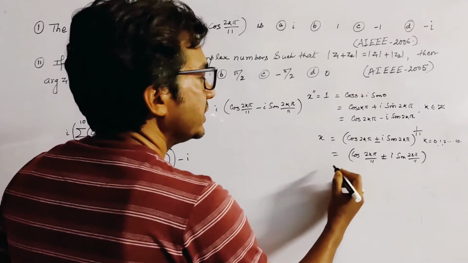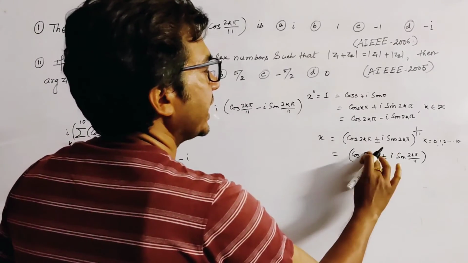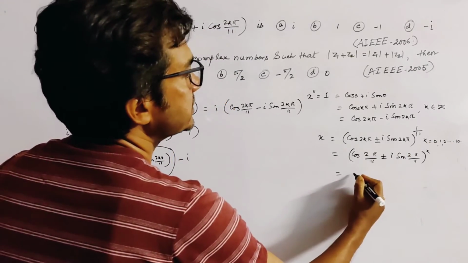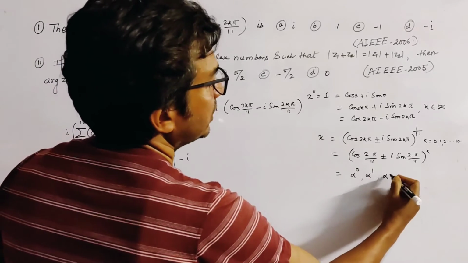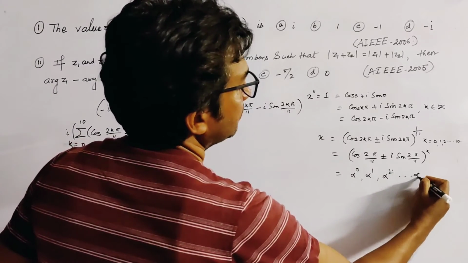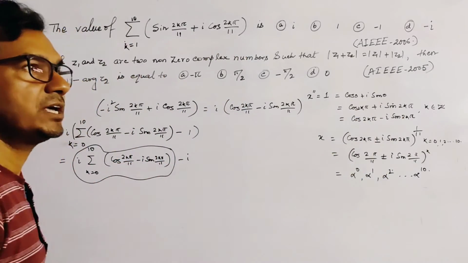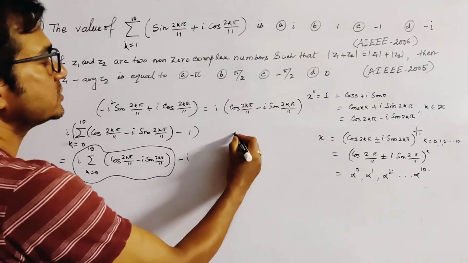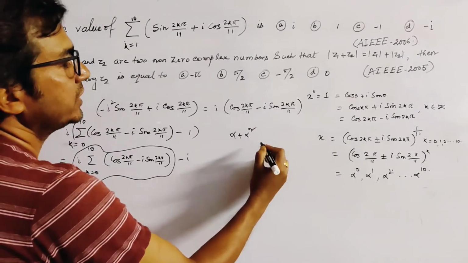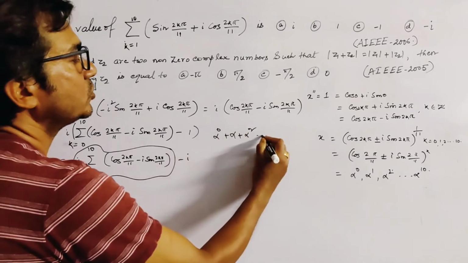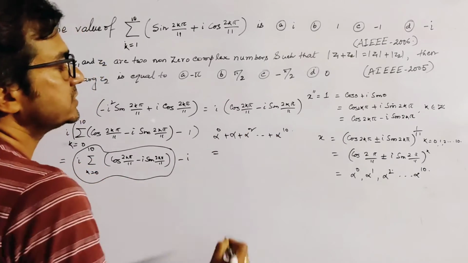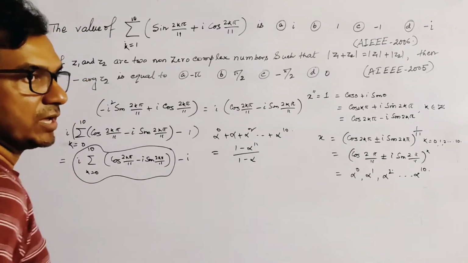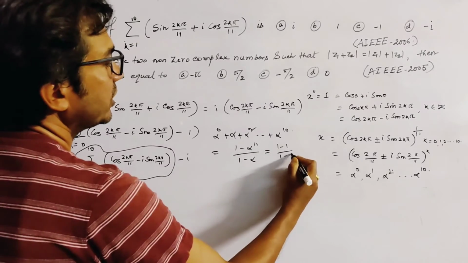If we write this result as alpha to the power k, we get alpha to the power 0, alpha to the power 1, alpha to the power 2, up to alpha to the power 10. These are the 11 results. The sum of these 11 results, alpha to the power 0 to alpha to the power 10, is given by (1 - alpha to the power 11)/(1 - alpha).